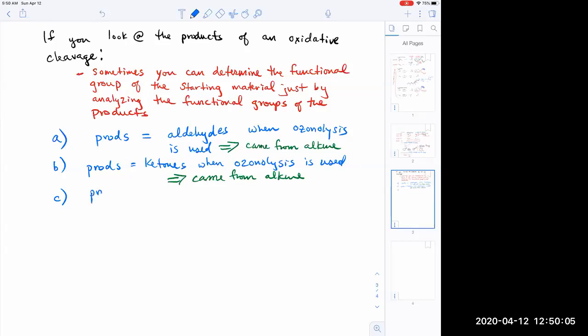Well, the products that you see would be carboxylic acids, or carboxylic acids and carbon dioxide, when you use ozonolysis. And if you see that the products of an ozonolysis were carboxylic acids, then that must mean that your starting material was an alkyne.